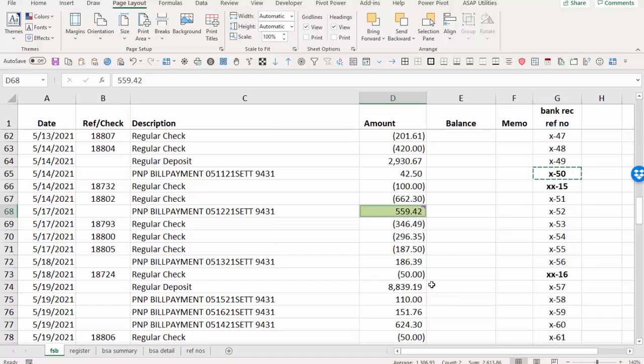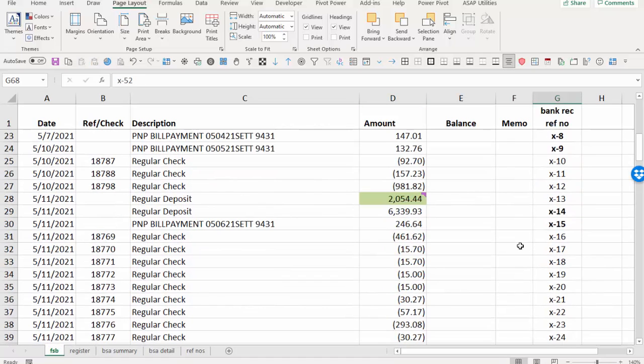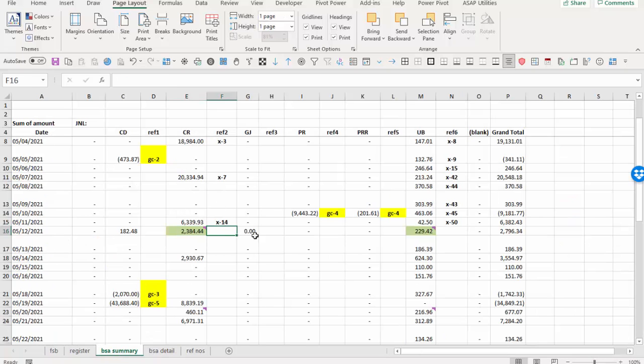So we'll put both reference numbers next to these two amounts. So we're okay there.